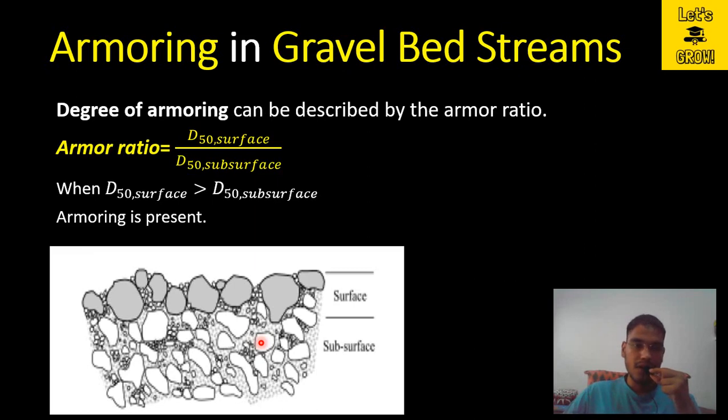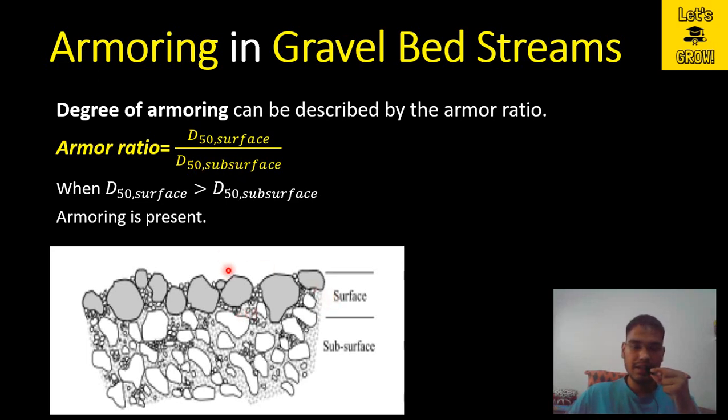Now, how do we measure armoring in a gravel bed river? For this we have defined the degree of armoring, which can be described by the armor ratio. We calculate the armor ratio as the d50 of the surface divided by the d50 of the subsurface.